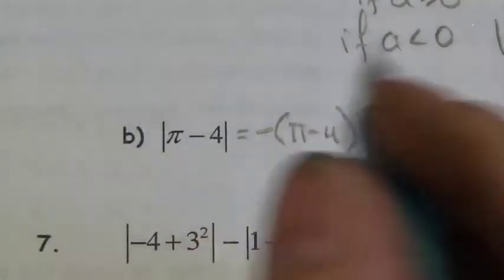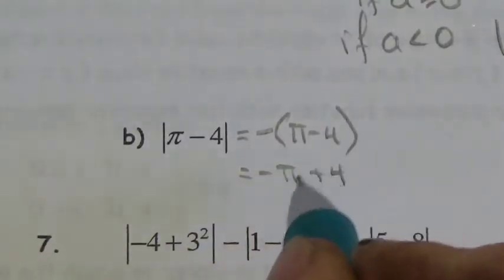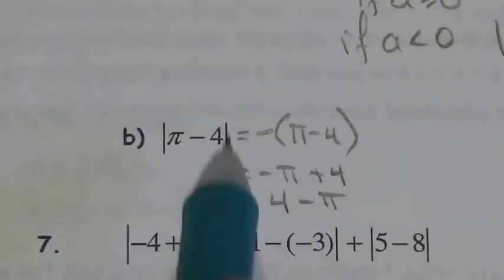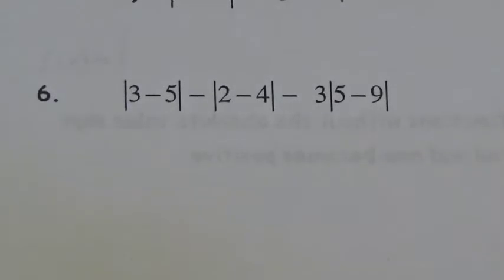But now, I'm going to simplify that. So I'm going to make that negative pi plus 4, or 4 minus pi. And so the absolute value of pi minus 4 is going to be equal to the value that I get when I go 4 minus pi. There's my answer.